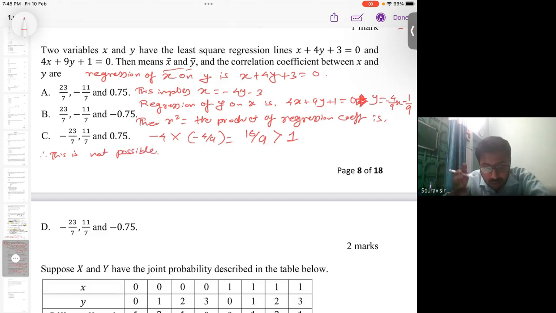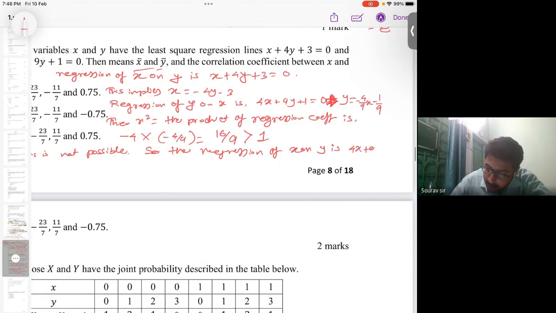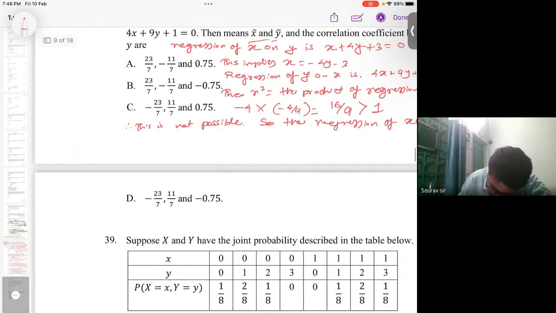So the regression of x on y is 4x plus 9y plus 1 is equal to 0. And the regression of y on x is x plus 4y plus 3 is equal to 0.